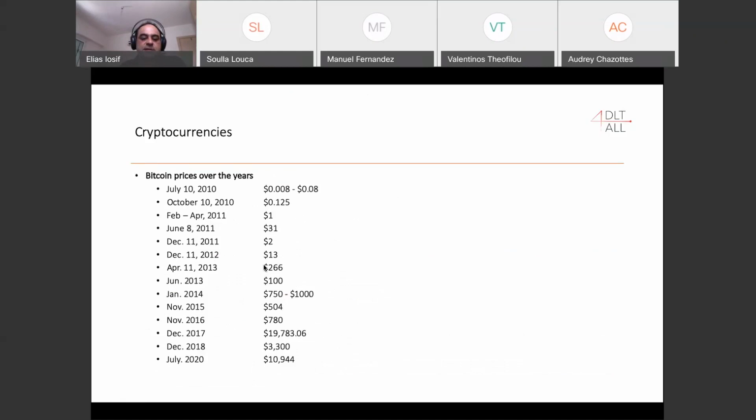This is an interesting example of how Bitcoin prices have changed over the last decade. I think the trend is quite clear.